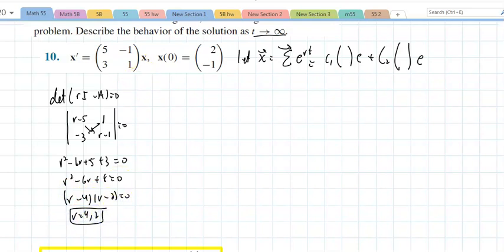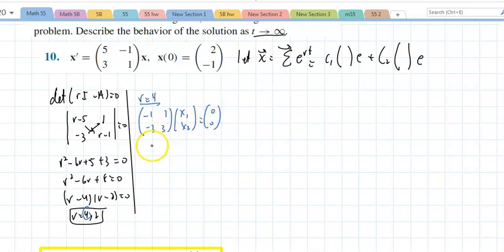Very good. If I start with r equals 4, that would mean I'm looking at negative 1, 1, negative 3, 3, x1, x2 equal 0, 0. That would be negative x1 plus x2 equals 0. That means x1 equals x2. The eigenvector associated with this: if y2 equals 1, y1 equals 1.